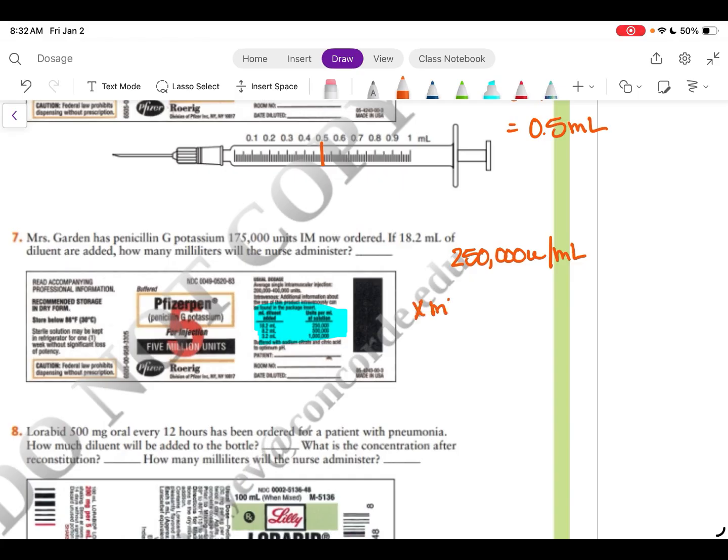So X milliliters, and I get 0.7 as my answer.